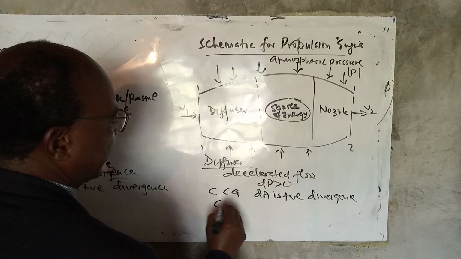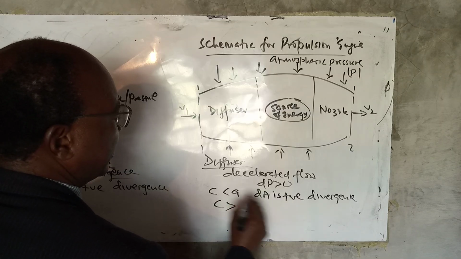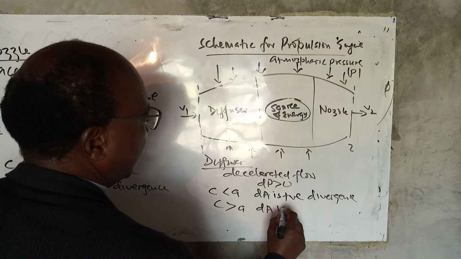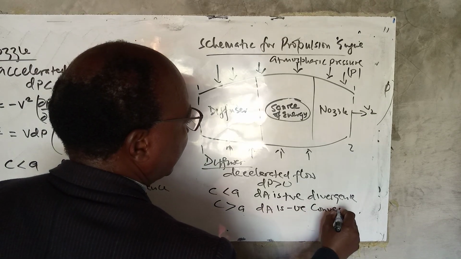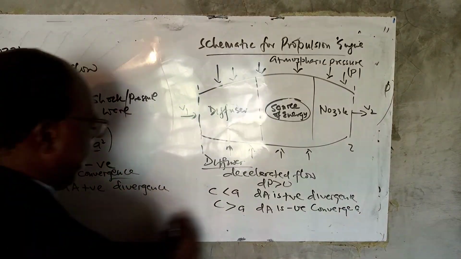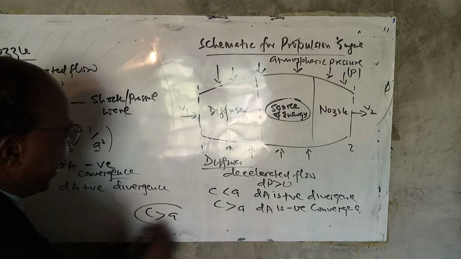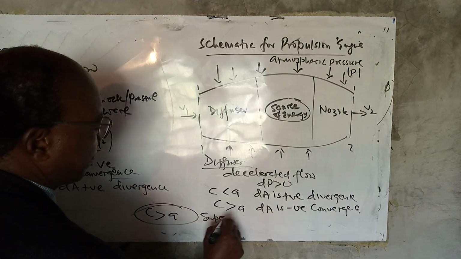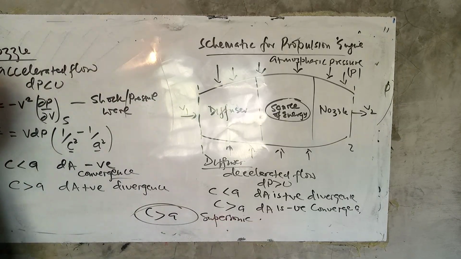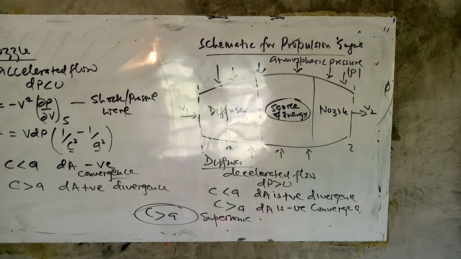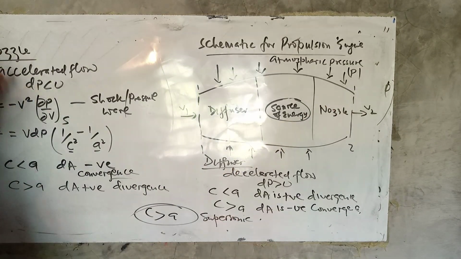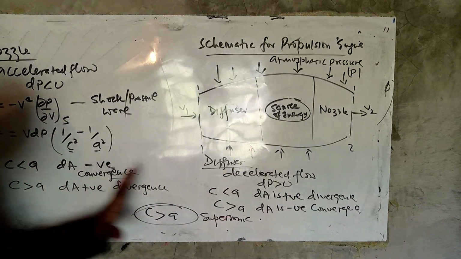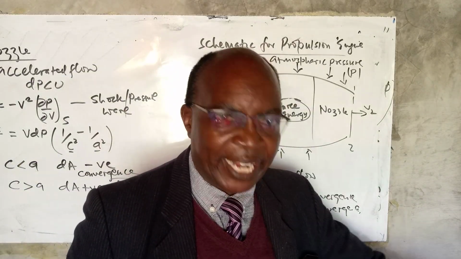And when CA is greater than A, dA is negative. That is convergence. And remember, when CA is greater than A, this is supersonic flow. Always remember that. And so it's very important to remember these quantities. So as we are talking about the diffuser and the nozzle, you need always to remember this. But remember, this was in a stationary duct.